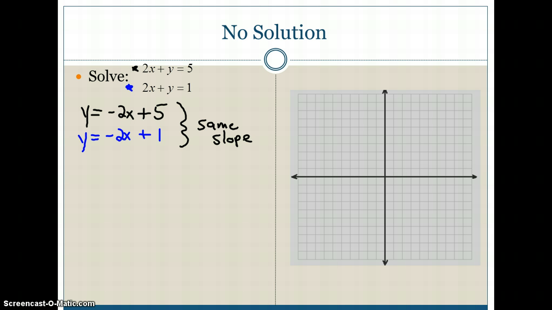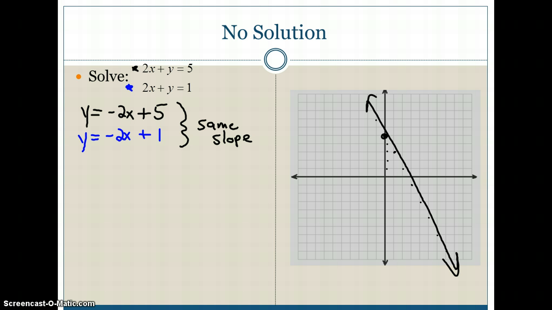We'll graph the first one. We plot the y-intercept. We go up 1, 2, 3, 4, 5. Plot that point. Then we go down 2 and right 1. Rough sketch there.